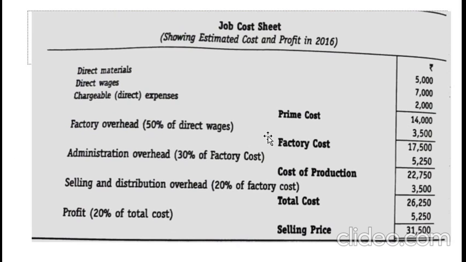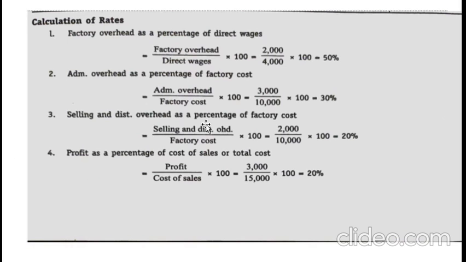Now your next expense will be office and administration overhead. For your office and administration overhead also you have found out your percentage, that is 30%. So 30% on factory cost will give you your estimated cost sheet administration overhead. What is the percentage? 30%.